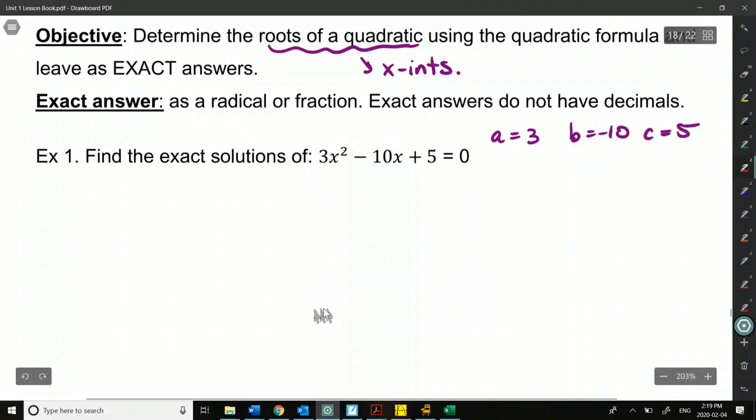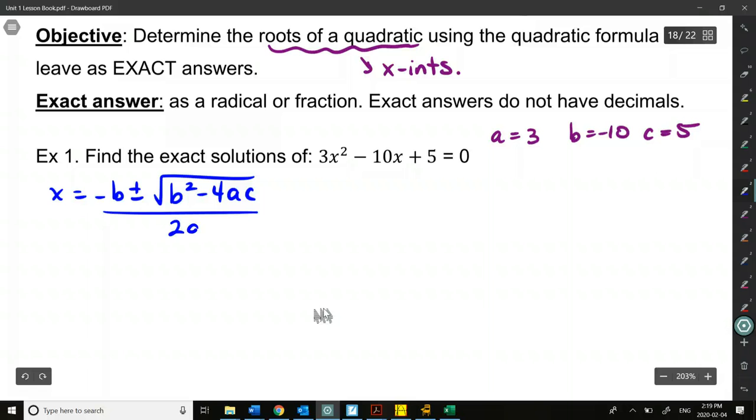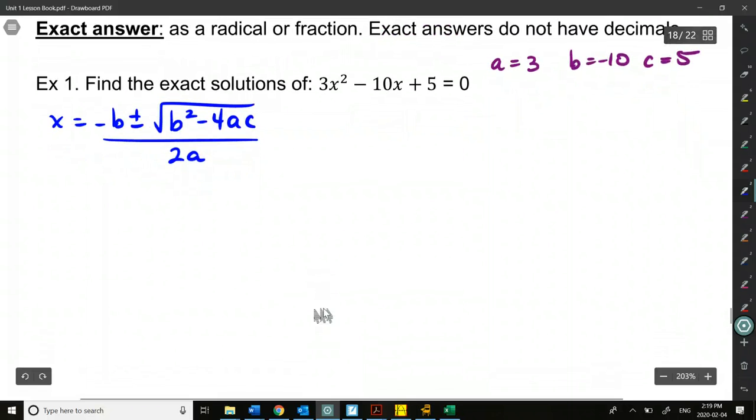Okay, so I will write the quadratic formula once here so you have it. I'm not going to write it for the other two examples though. And then we're just going to plug in.